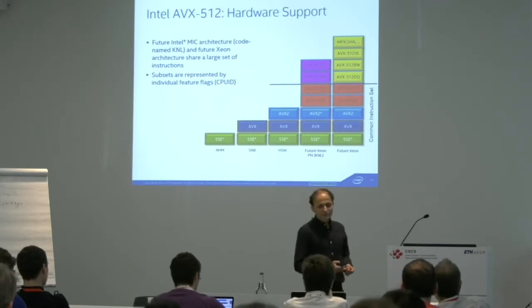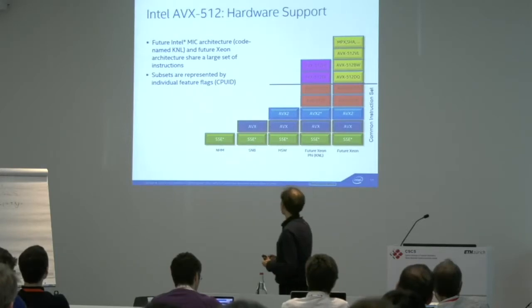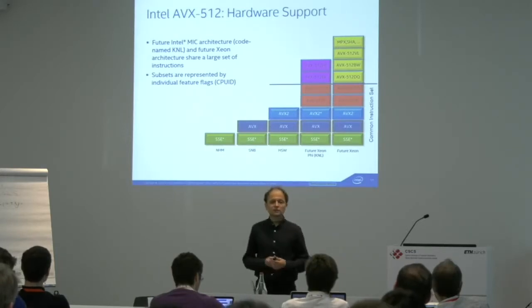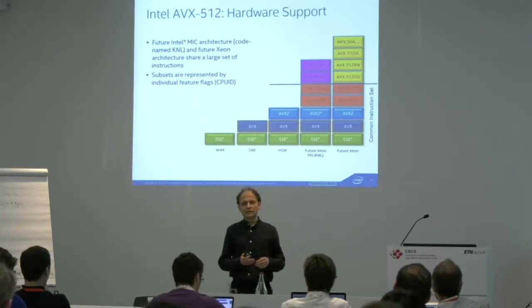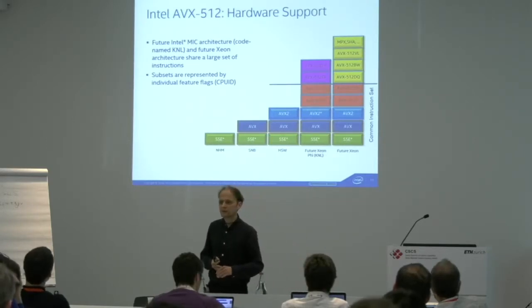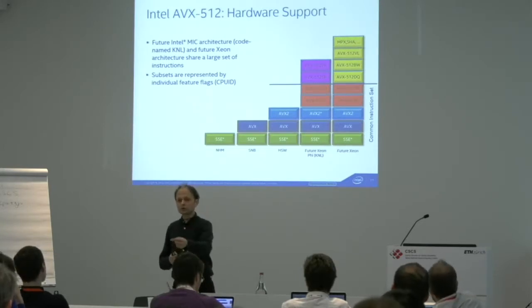And then you have this ER, which is the transcendental instructions that you can use for logarithmic or exponential functions, and they are essentially meant to be accelerator instructions that help you do another Newton iteration on top of it, right?